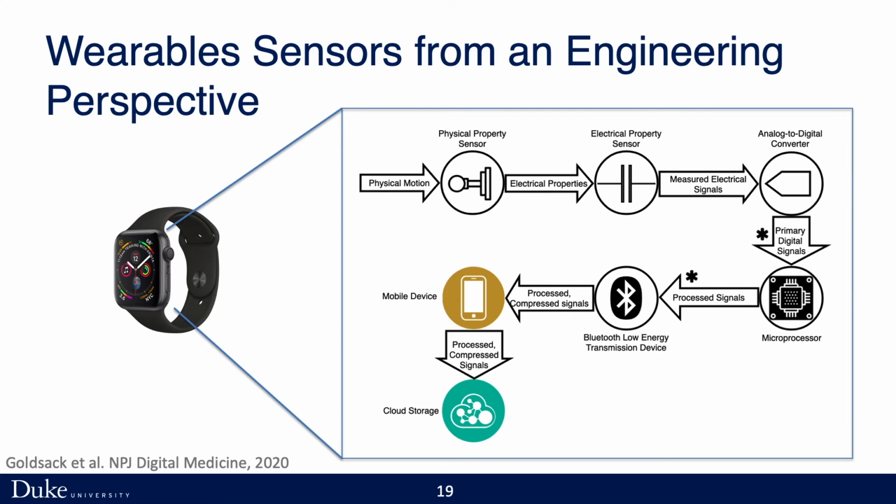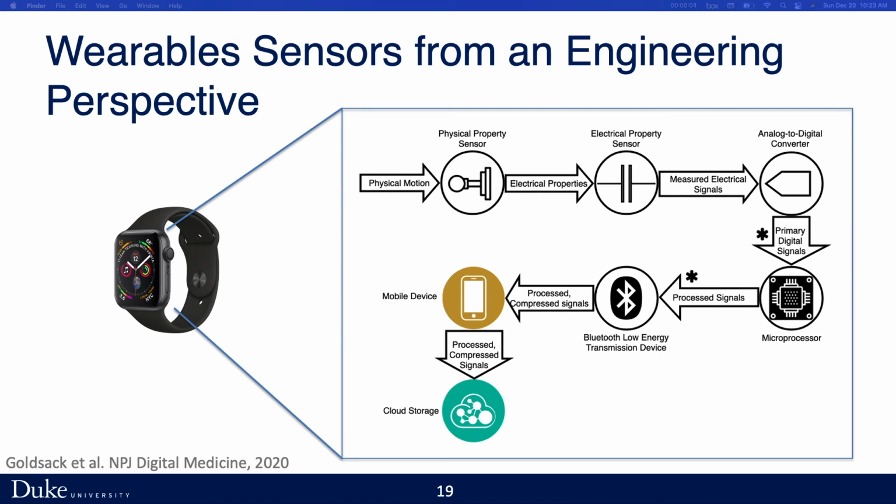So it's important to understand what's going on under the hood that might make you expect to see some artifacts or some problems or maybe some cleaner data. It's important to realize that what you're getting is not that primary physical motion signal, but rather a very processed signal that then ends up on the cloud.